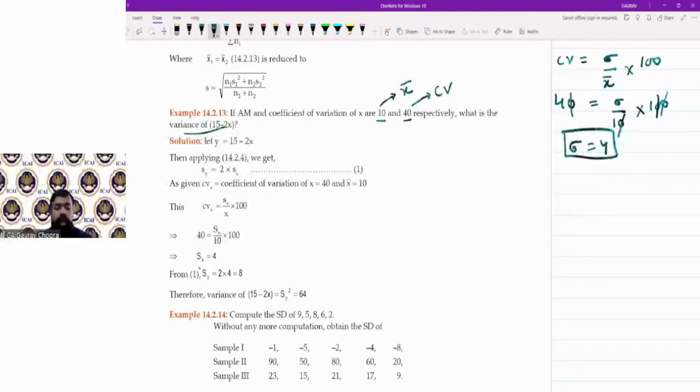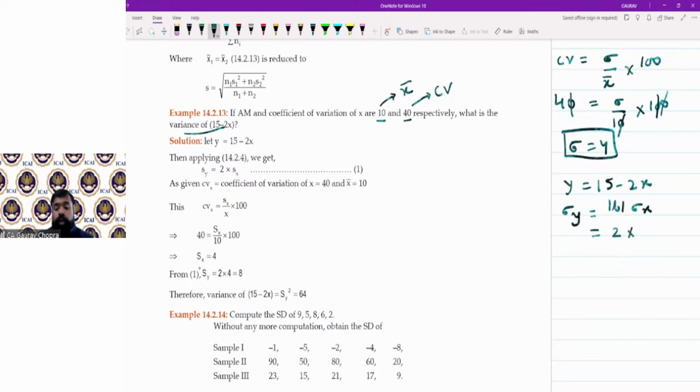Now you can calculate the other one. So y is equal to 15 minus 2x. This is the other equation. And from this equation, you can calculate the standard deviation. That is, sigma of y will be mod b multiplied by sigma x. So what will be mod of b?